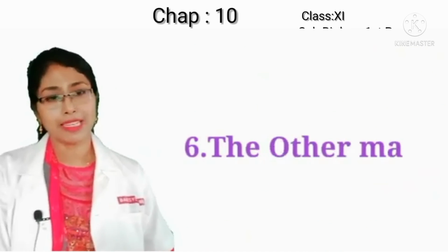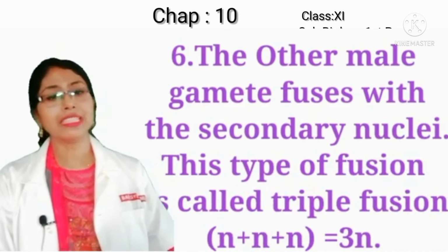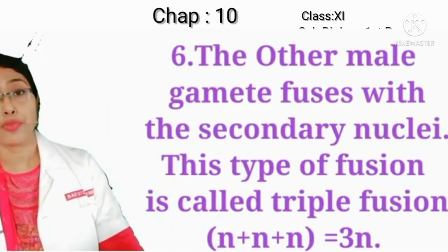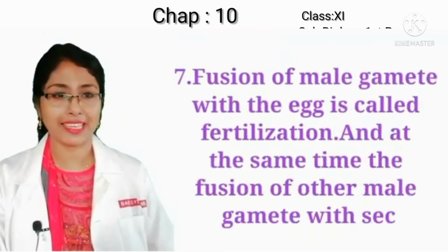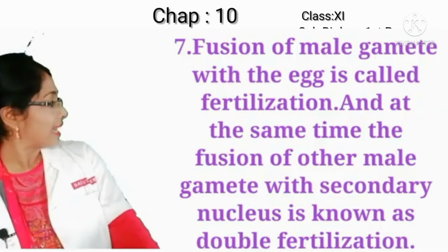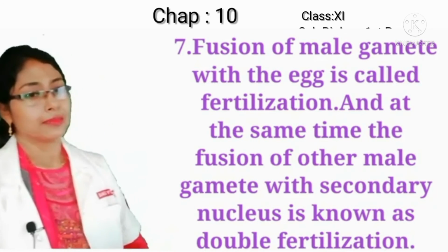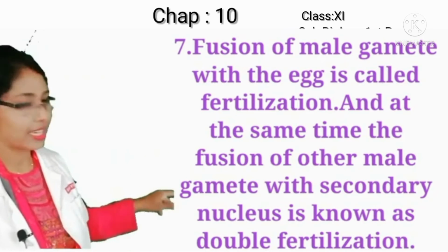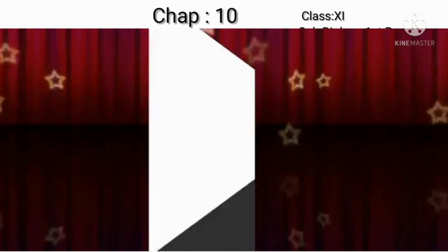The other male gamete fuses with the secondary nucleus. This type of fusion is called triple fusion. Fusion of male gamete with the egg is called fertilization. At the same time, the fusion of other male gamete with secondary nucleus together is known as double fertilization.